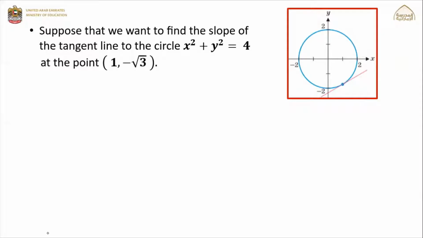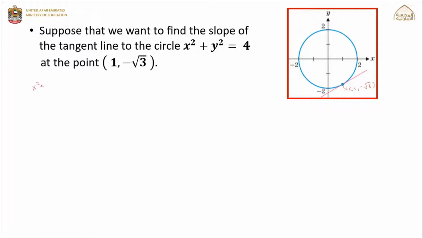Suppose that we want to find the slope of the tangent to the circle x squared plus y squared equal 4 at the point 1, minus radical 3. So we want to find the slope of the tangent at this point.